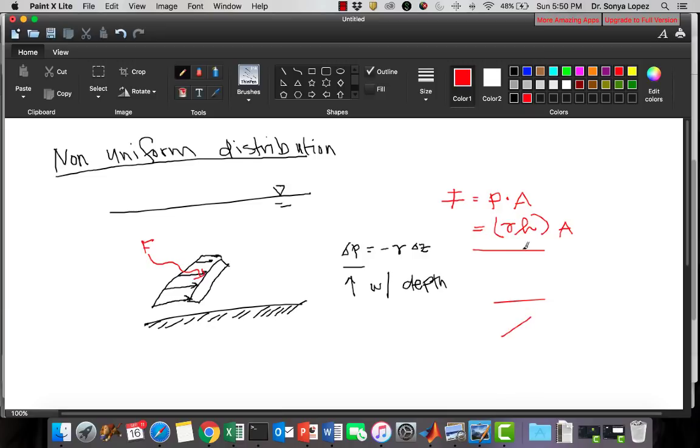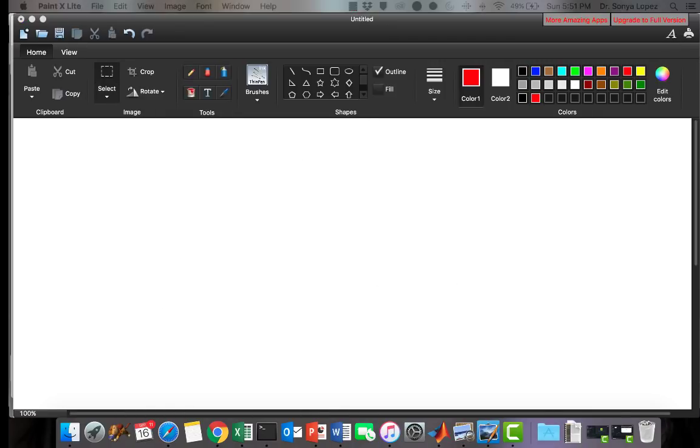It is always going to be this equation, okay? Always, always, always. But the trick is figuring out what the heck this H is. What is H? Where is it H? Is H going to be from the top of the tank to the bottom of the beam? Is it going to be from the top of the tank to the top of the beam? Is it going to be from the top of the tank to the center of the beam? Let's figure out what this H is going to be.